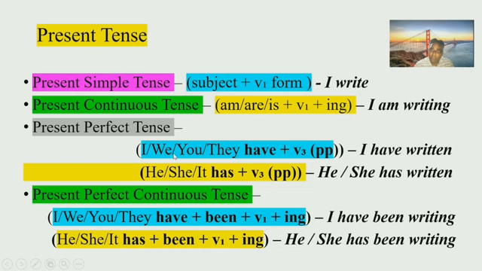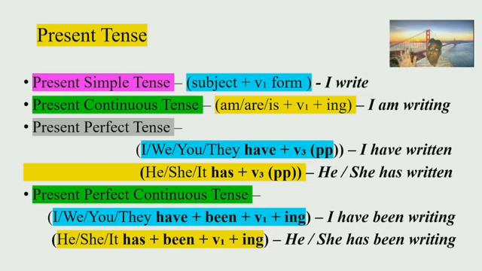Again, the subject, I or we or you or they, followed by have. Here we are using a word called have, which is called an auxiliary form of the verb. Just now I told you these are the be forms. We use be forms in the continuous tense, but in the perfect tense we use auxiliary forms, or simply, helping verbs.